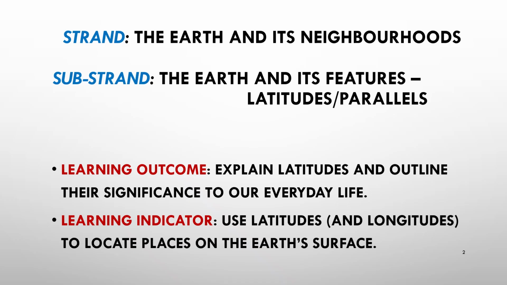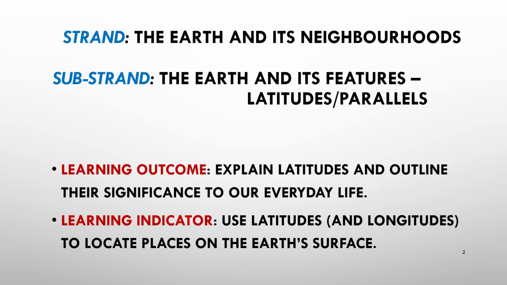Our learning indicator is to use latitudes, and later we look at longitudes, to locate places on the Earth's surface. This is a practical skill. You will be able to take a set of coordinates and identify where on Earth that location is.